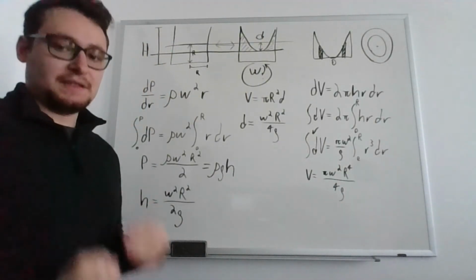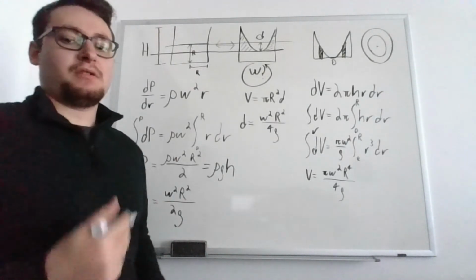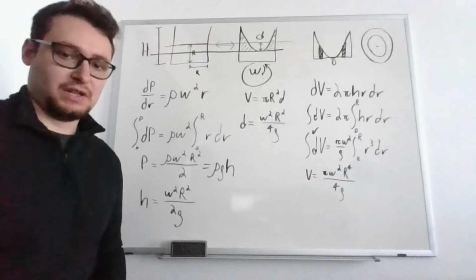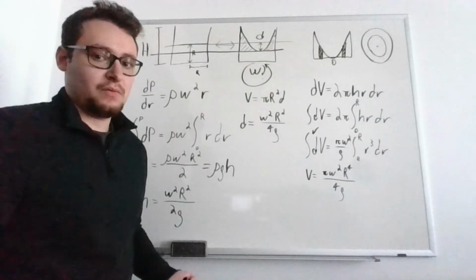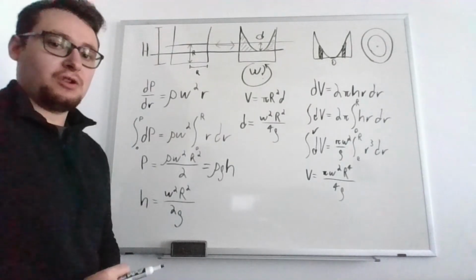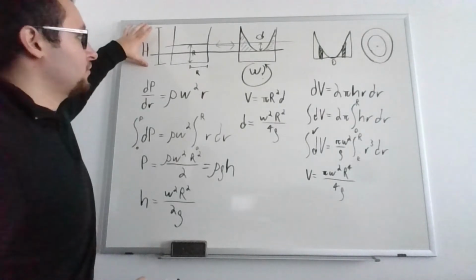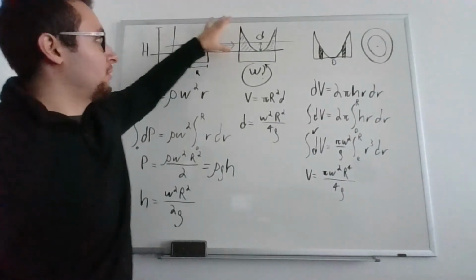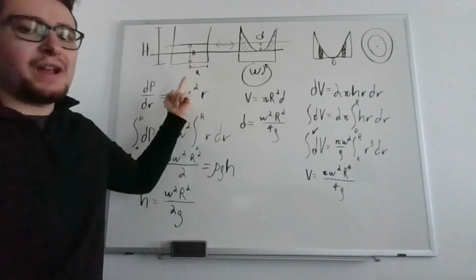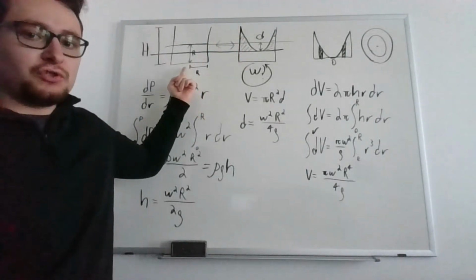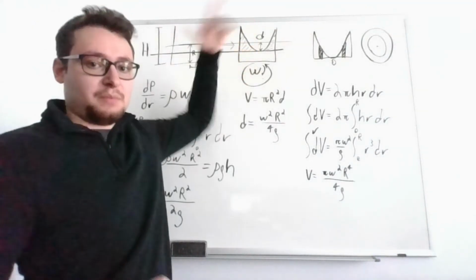So we get that this distance, displacement, or dip, is equal to omega squared r squared over 4 times the gravitational acceleration. Why did I solve for d? Well, you might notice that the total height of this container is equal to the fluid height plus the radius minus this dip. Radius is just representative of this original fluid height, and the change in the fluid height is represented as dip.